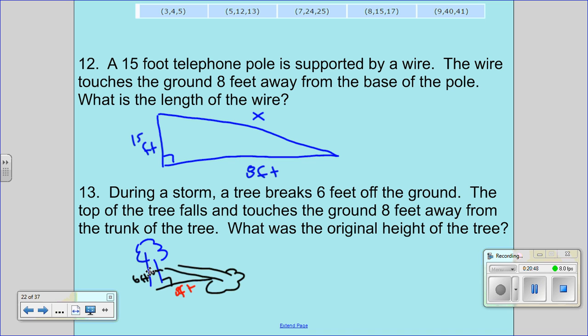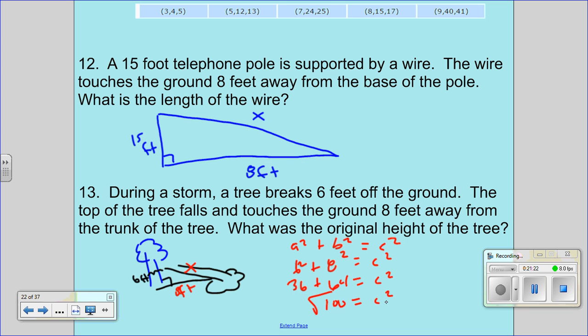So first, you're going to have to find this part of the triangle. So this is x, the hypotenuse. So let's go ahead and take care of that right now. So we know it would be a squared plus b squared equals c squared. So we're looking for c. So 6 squared plus 8 squared equals c squared. 6 squared is 36, sorry. 8 squared is 64. 36 plus 64 is 100.